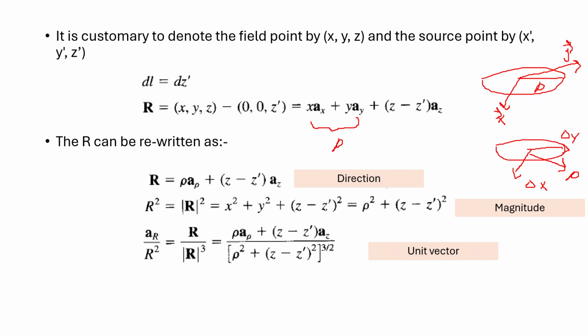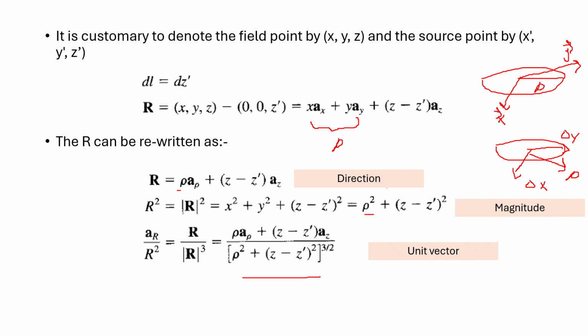Already we get the direction. To find the magnitude, r squared equals x squared plus y squared plus z minus z prime squared. So with rho, you have rho squared plus z minus z prime squared, then you get the magnitude. Substituting into the unit vector form, you have rho with rho vector plus z minus z prime z vector over rho squared plus z minus z prime squared to the power of 3 over 2.